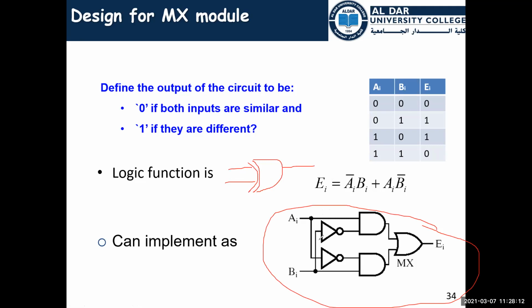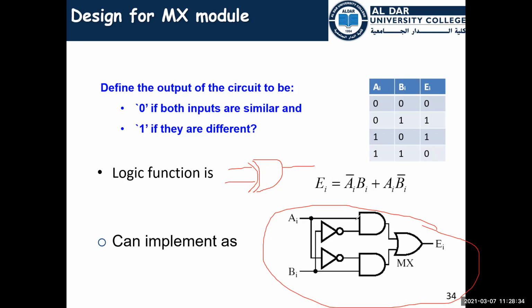But why did the author represent it using this? Because maybe we don't have an XOR, we have only OR, AND and inverter gates. We don't have XOR this way.